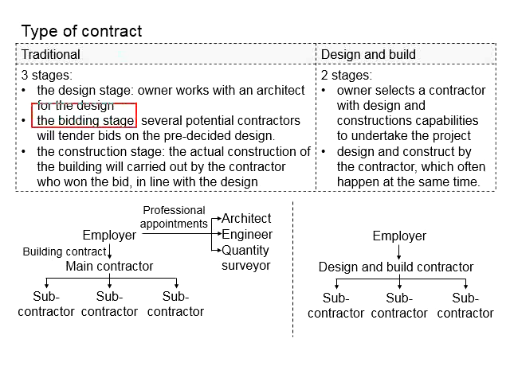Next, we enter the bidding stage. This is when the tender is being called. Several potential contractors will bid for the tender based on the details and information provided by the architect, engineers, and quantity surveyors.